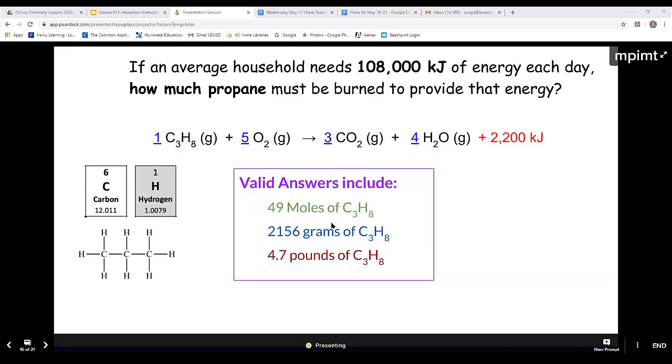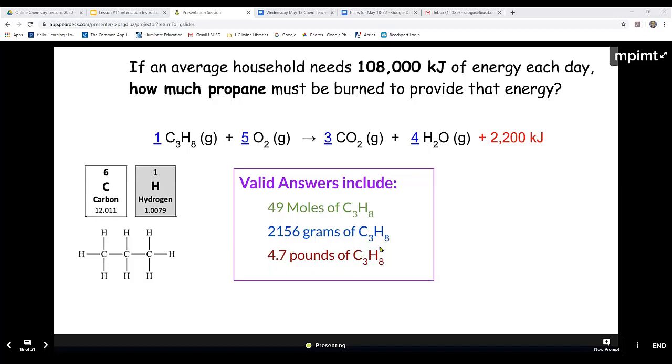Well, one answer is 49 moles. That is a quantity of propane. Most people in the world would not understand that. Only chemists really would say, oh, 49 moles, I know exactly what you mean. Whereas these others, more people in the world would understand. If you're European, this makes perfect sense, 2,156 grams.